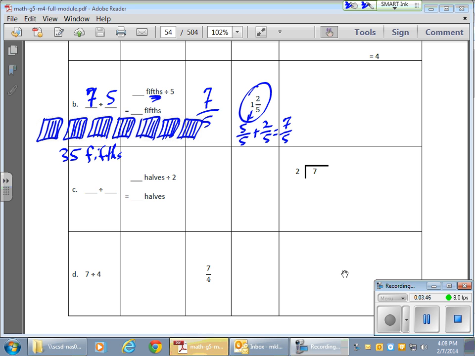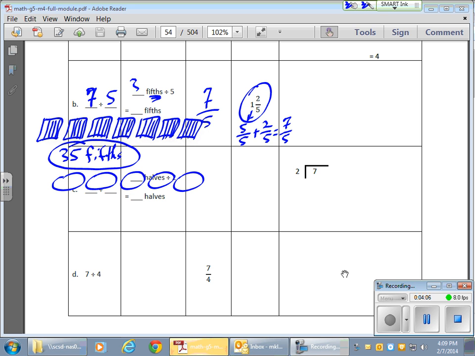Now why do I split them into fifths? Because I need to split them into 5 groups. And the best way for me to split them into 5 groups is to split each of my wholes into fifths. So that's a total of 35 fifths.